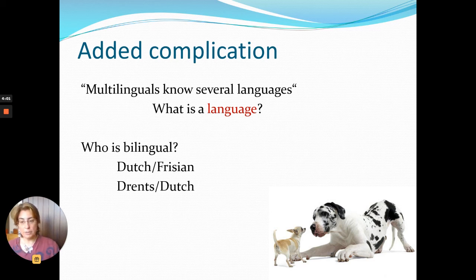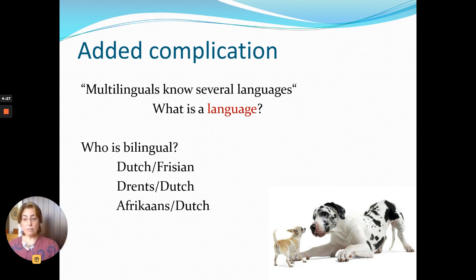So while a person that speaks Dutch and Frisian will universally be recognized as bilingual, a person who speaks Drents, or Gronings for that matter, and Dutch might not be universally recognized. It does not mean that they will not be recognized in certain circles as multilingual, but in some other circles they will not, as straightforwardly as someone who speaks Dutch and Frisian.